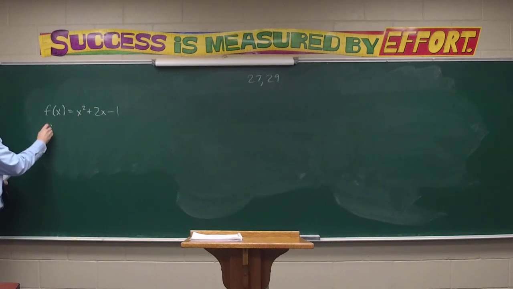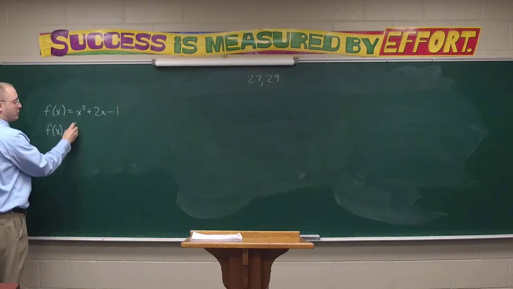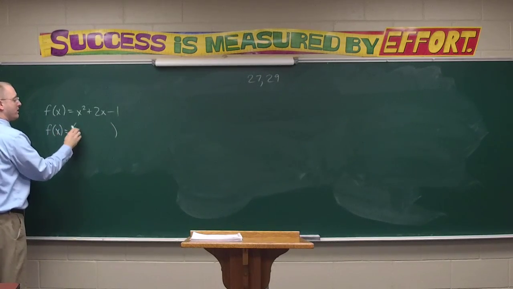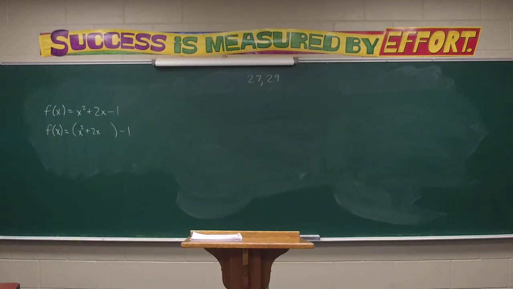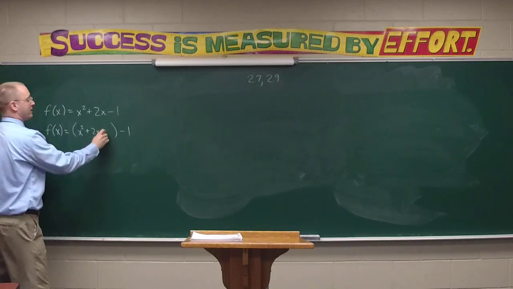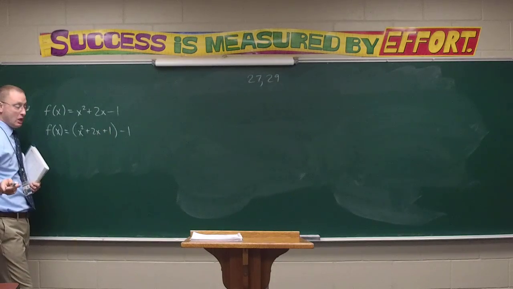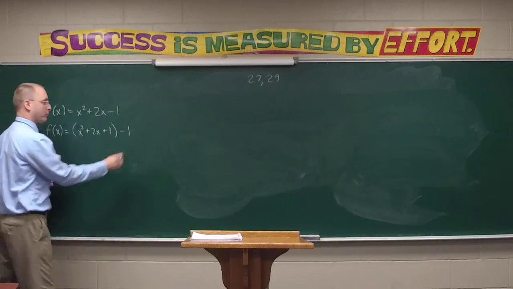On number 27, class, don't really need to factor anything, so we could just group the x squared, positive 2x, and stick the negative 1 on the outside. What goes in the gap, class? Positive 1. And it really is a positive 1, isn't it? So what do I put outside? Negative 1 to offset it.